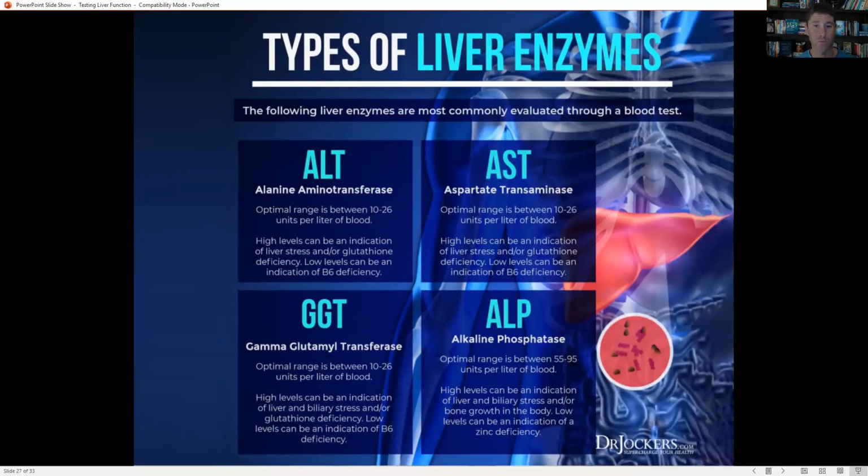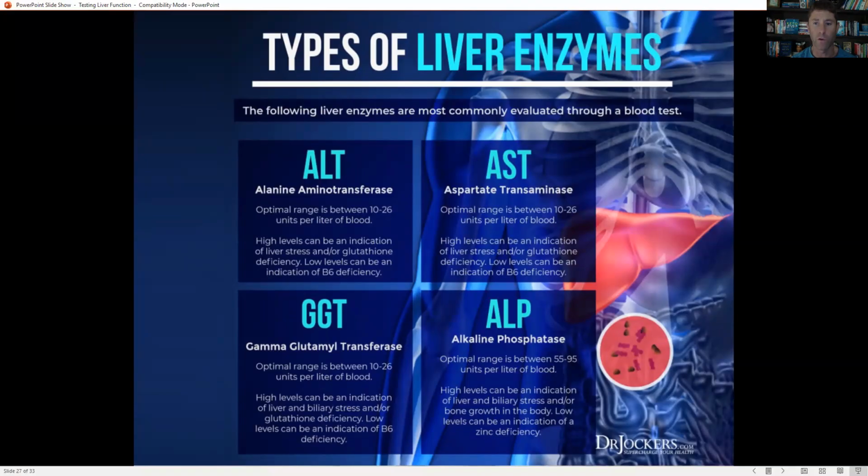So between 10 and 21, when it starts creeping up over 21, I start thinking, okay, there may be something going on here, maybe some liver stress. But until it's up over 26, I'm not making that a major priority typically in the healthcare treatment. But I am starting to take note if it's on that upper end, right? So 20 and above, I start to take note of it for sure.